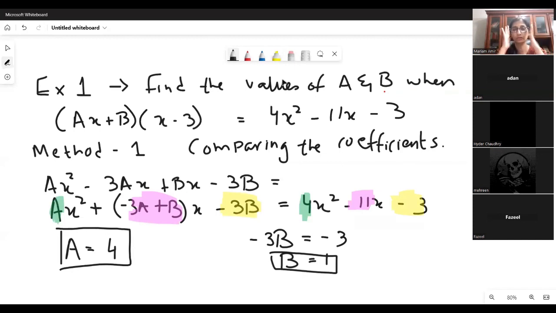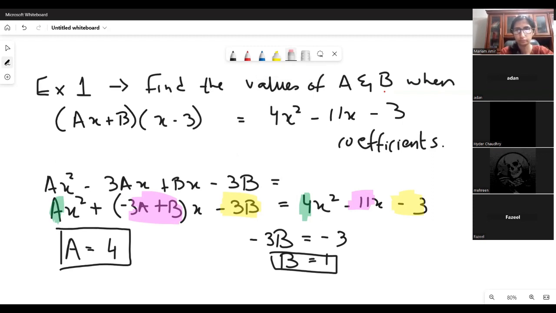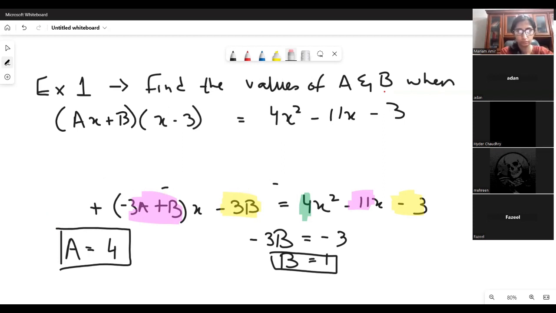Any questions so far? Okay, I'd like to clear the board for the second method. Okay.